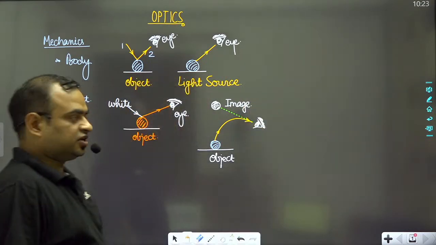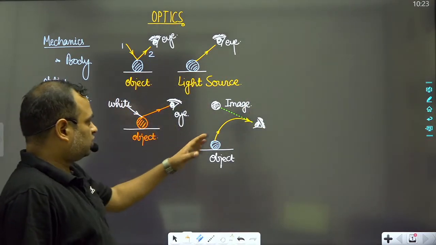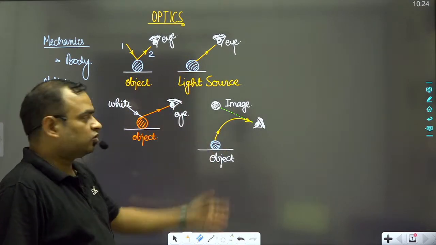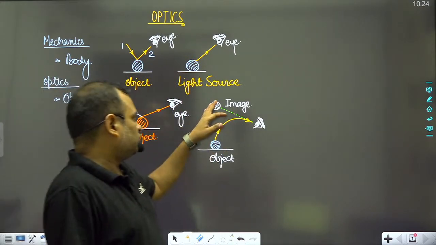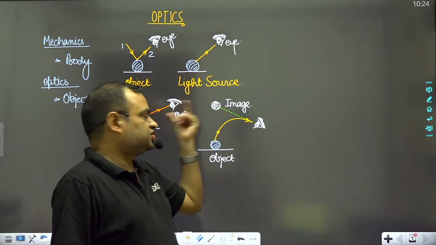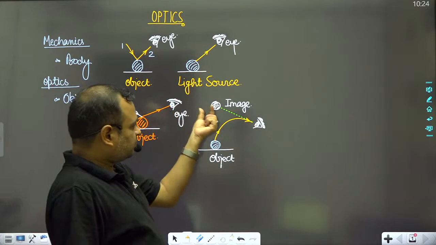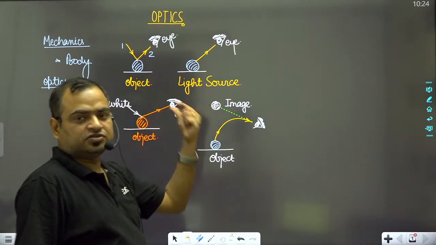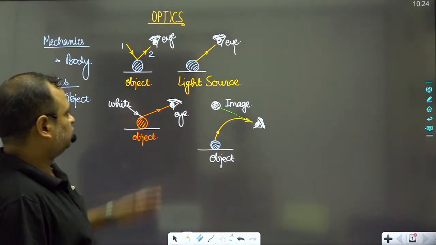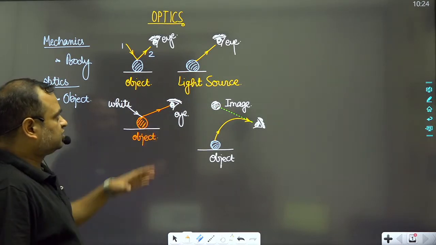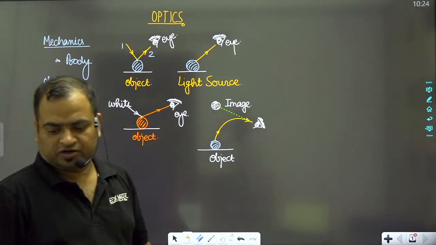So I hope that you have got all the points. This is an object, and this appears like an object, so that's why this is known as an image. These are the basic points of optics.